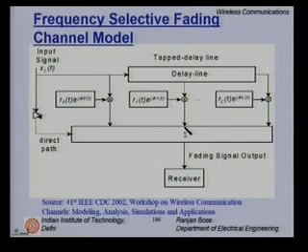Then this corresponds to the second multipath, and so on up to L multipaths. This is represented by a tapped delay line model. Then we add them up, because that is what we get at the receiver, and we get the faded signal output. If we have to generate frequency selective fading in a lab scenario or by simulation, then we can deploy this kind of a setup.